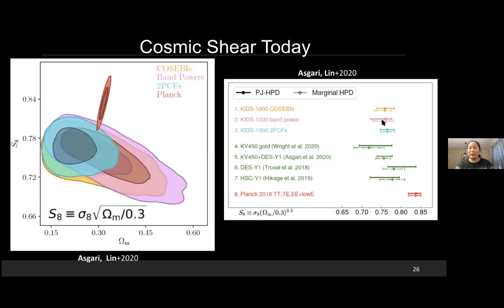So I would say that these lensing surveys, so also DES Y1 and HSC Y1 are included here, these 2 data points, are all in agreement. DES seems to be a little bit more in agreement with the CMB, but in general, there does seem to be some sort of offset here. And this is at the level of, it depends on how you measure it, but something like 2.5 to 3 sigma.